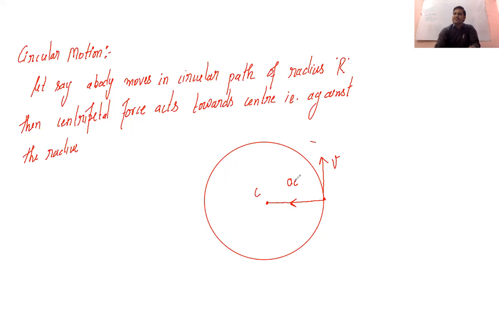This AC, the centripetal acceleration, is v square by r, where v is the constant velocity and r is the radius here.